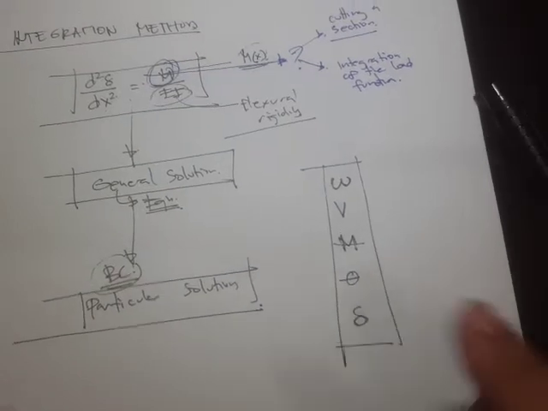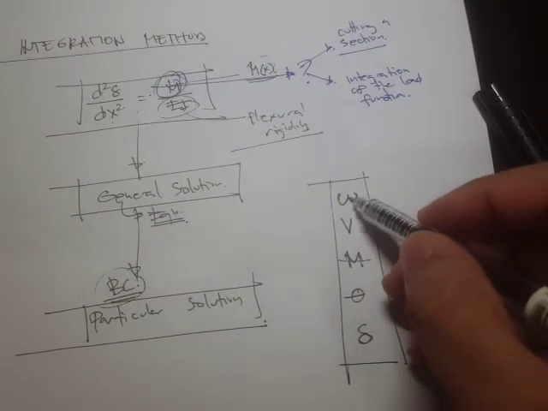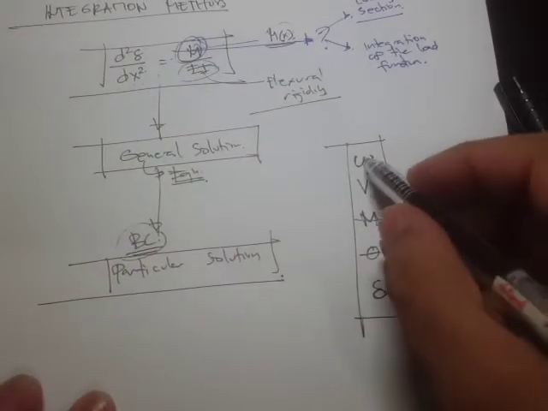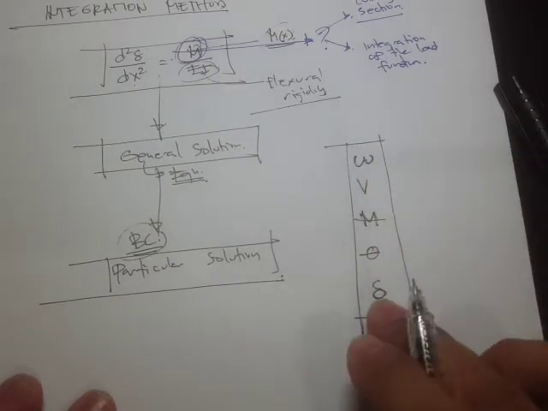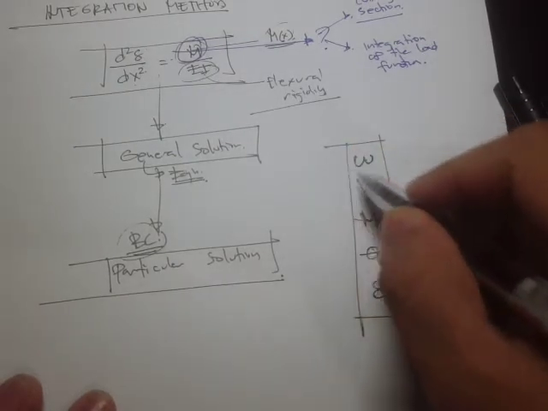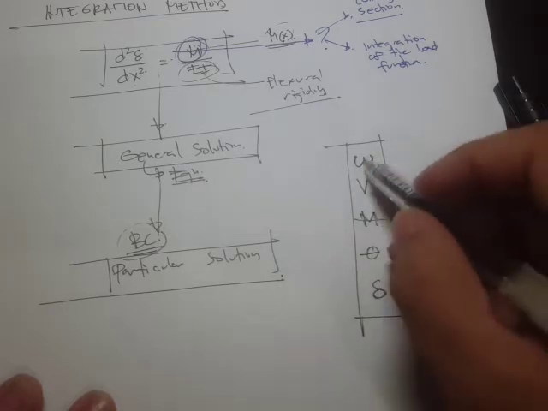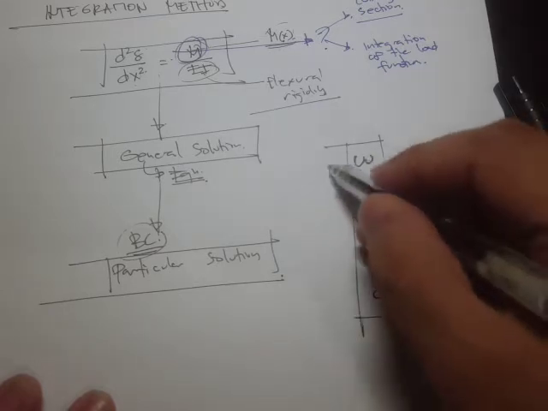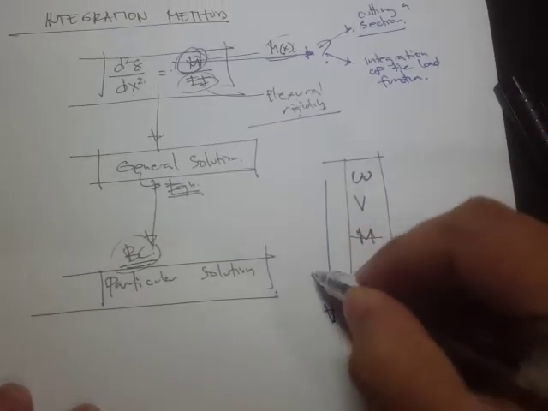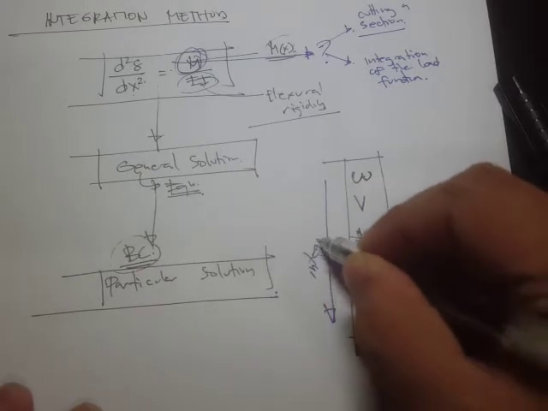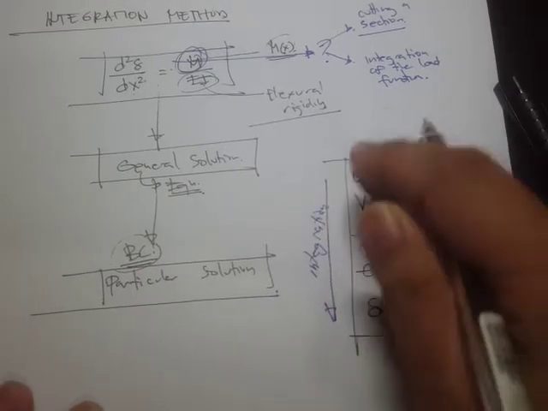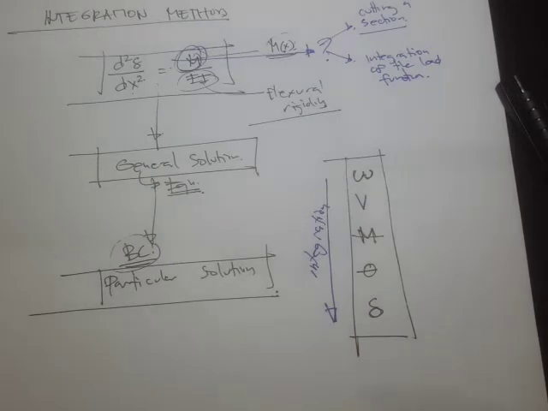So the relationship of the deflection from the load, or from the shear, or moment, is something we can obtain by integration. Going down, we are going to do integration.